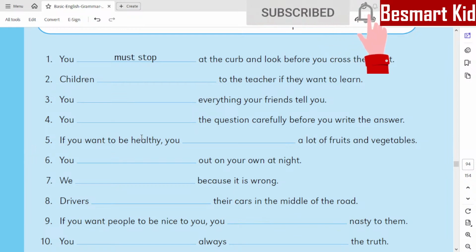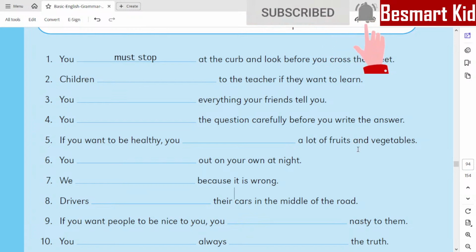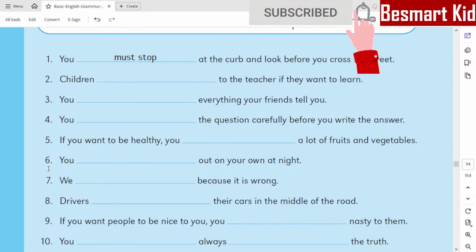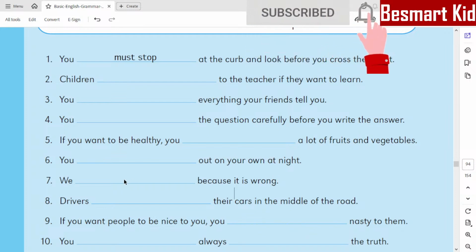If you want to be healthy, you dash a lot of fruits and vegetables. 6. You dash out on your own at night.